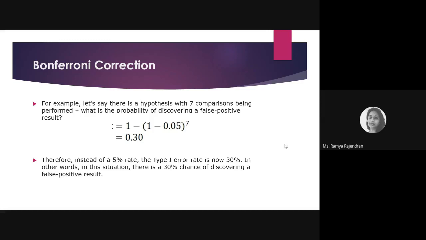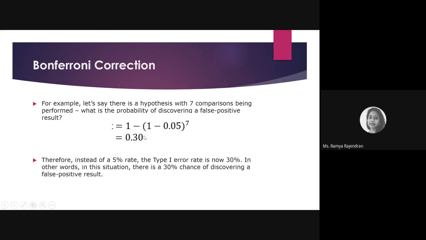Okay, so for example, we are doing this iteration 7 times. So here 1 minus 0.05, which is our 95%, since you're doing it 7 times, you're raising that to the power of 7: 1 minus 0.05 to the power of 7.